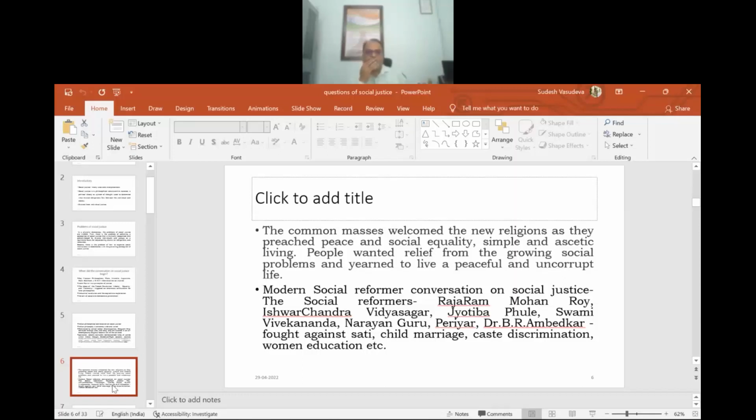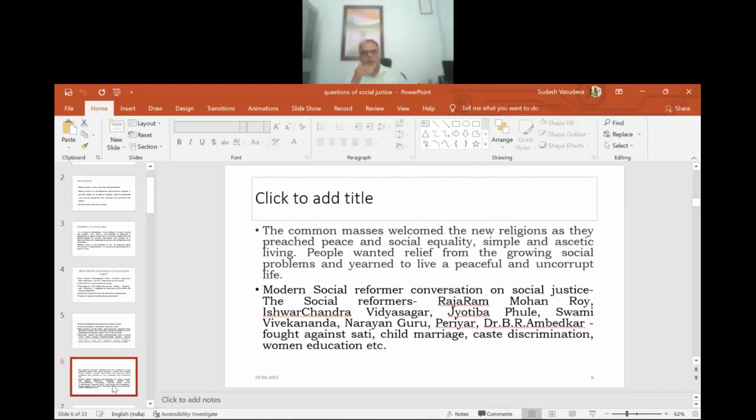So the modern social reformer conversation on social justice can be attributed, as I said earlier, to Raja Ram Mohan Roy, to Ishwar Chandra Vidyasagar, to Jyotiba Phule, to Swami Vivekananda, to Narayan Guru, to Periyar, and to Dr. Ambedkar, who fought against the sati system, the child marriage system, the caste discrimination, women's education.